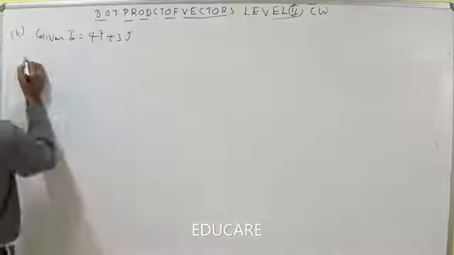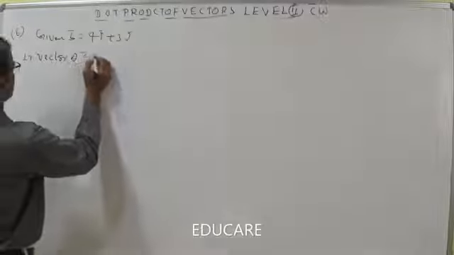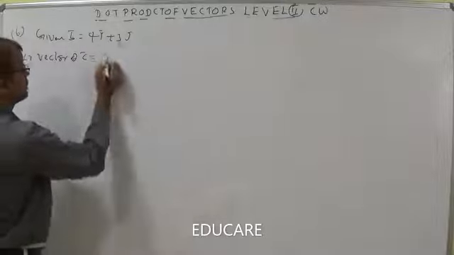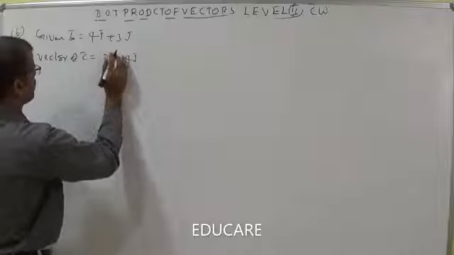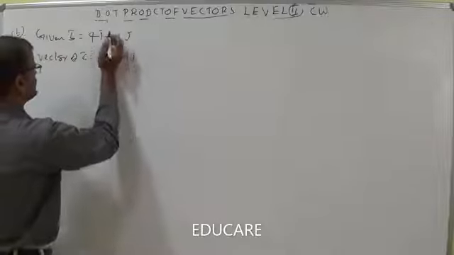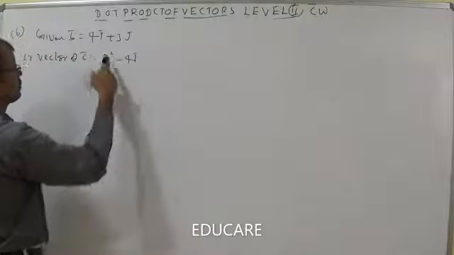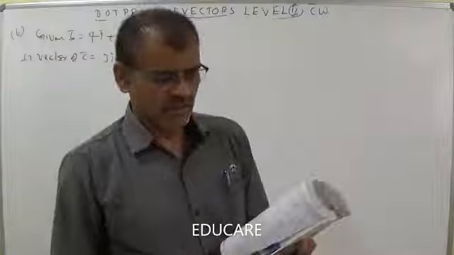So you write here the perpendicular vector of C bar. What I said: ax + by, reverse: bx − ay. Then you can write 3i − 4j. 3i − 4j, or −3i + 4j, also you can write. By verification, 4 × 3 is 12, minus 3 × 4 is 12, so 12 − 12 equals 0: the perpendicular vector concept.